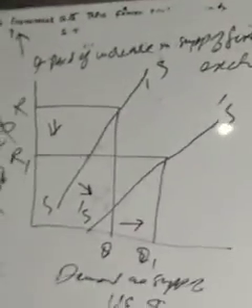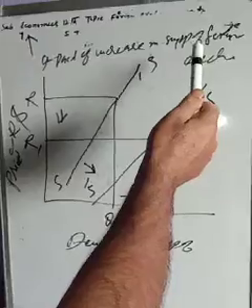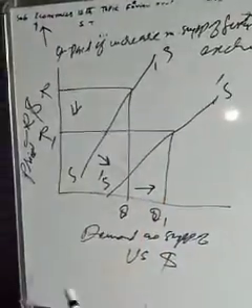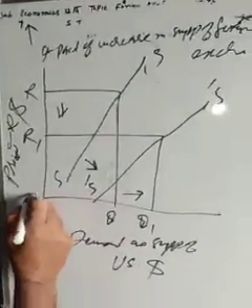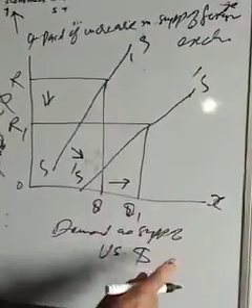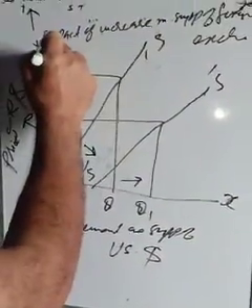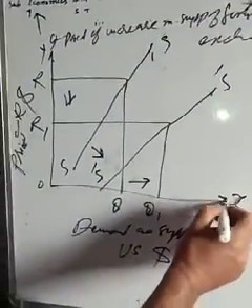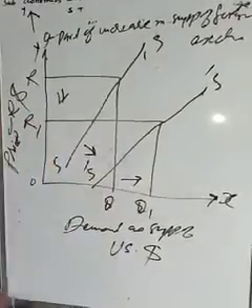Now, the impact of an increase in supply of foreign exchange. Here also we have taken demand and supply of US dollar on the OX axis, and on the OY axis we have taken the price, rupees per dollar.